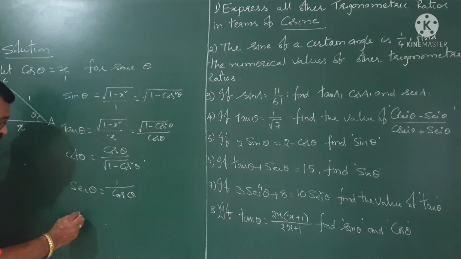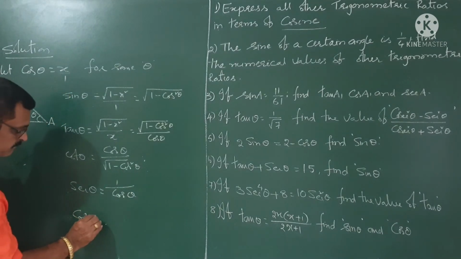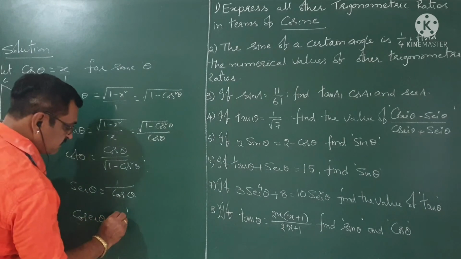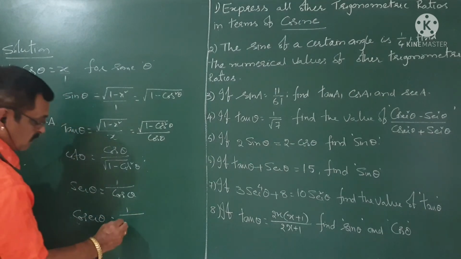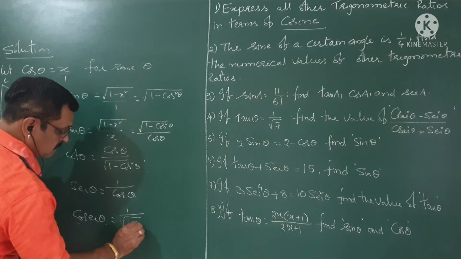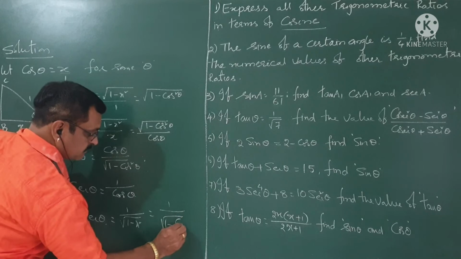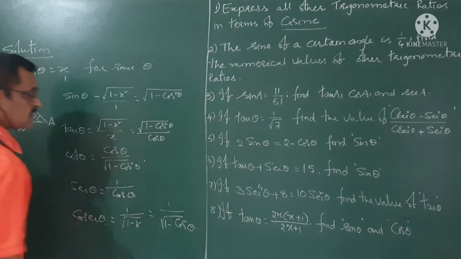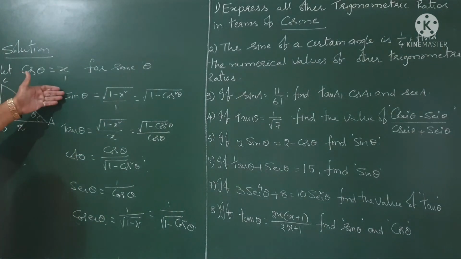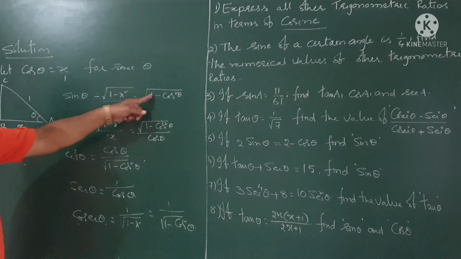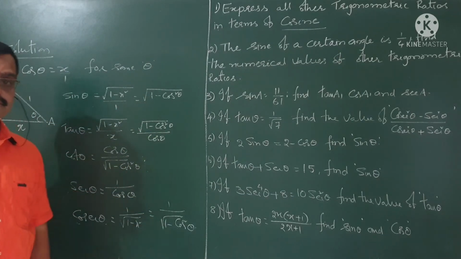And finally, cosecant theta is 1 over sin theta, that means hypotenuse by opposite side, or 1 by under root of 1 minus cos square theta. So we could express sin, tan, cot, secant, cosecant in terms of cos theta only.